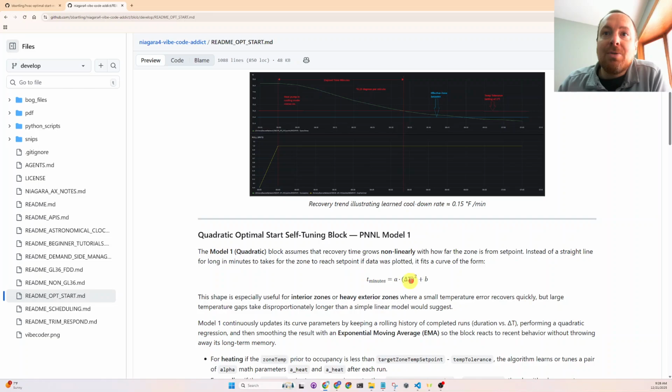That's how we're calculating delta temperature. It's that zone temp that needs to be conditioned before the building starts. And this model is a quadratic representation of that. Then we tune these alpha parameters, and the units on this were minutes per degrees cubed plus another additional minutes adder.